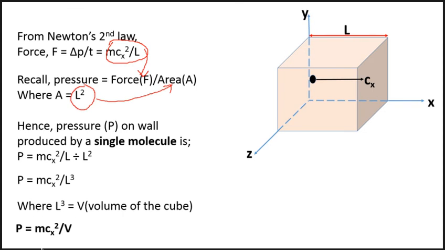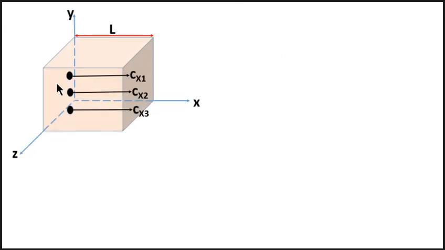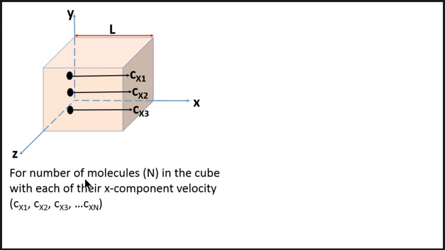Because this relation is only meant for just one molecule in one direction. Now, considering that for 3 molecules, or more than 3 molecules, it's not necessarily that it should be 3, it could be more than 3.